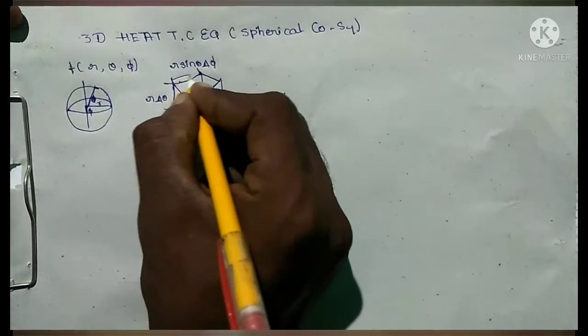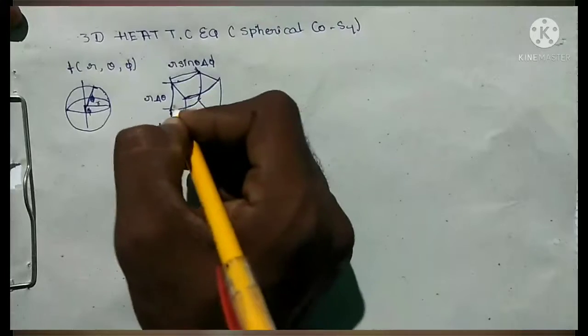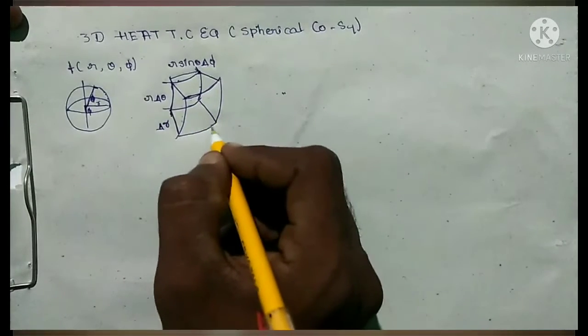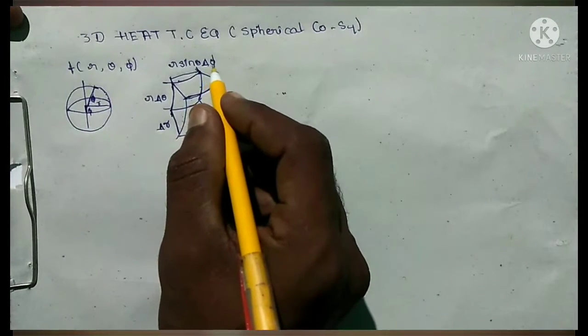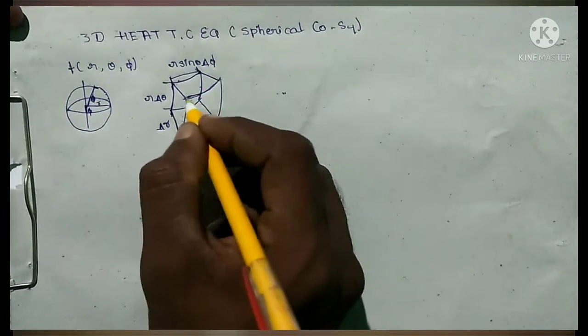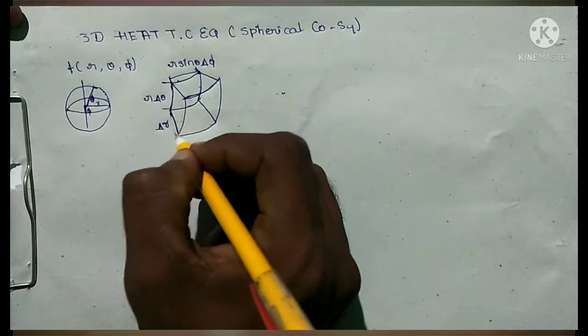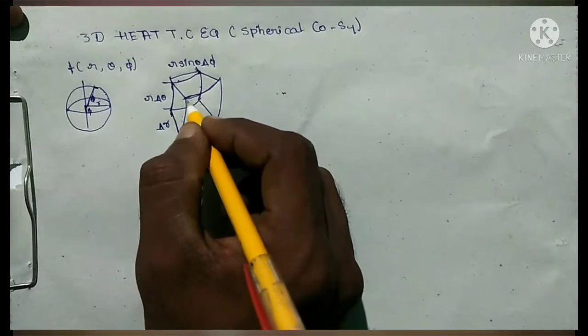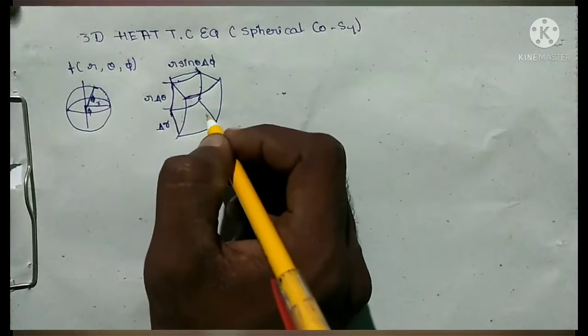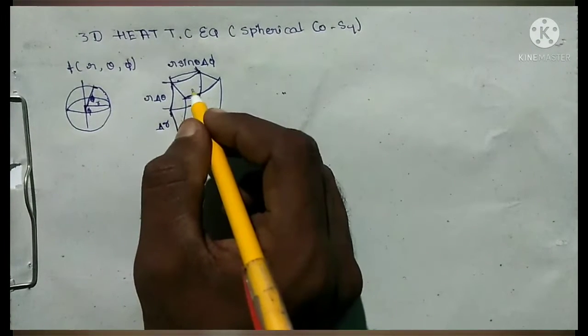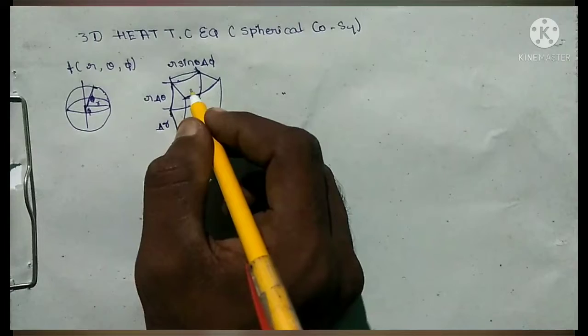This is the inner. Similarly, for the outer, it will be (r plus delta r) into sine (theta plus delta theta) into delta phi. For this one, (r plus delta r) into delta theta will be this arc distance. Be careful, to visualize this is somewhat difficult, but you can do this.